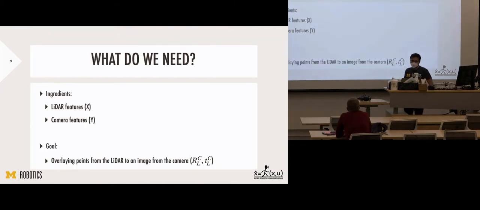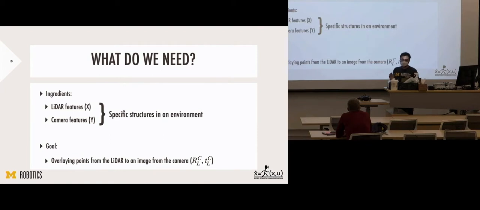And what do we need? We need different features from different sensors. For LiDAR, we need LiDAR features, treated as X. We need camera features, Y. And what exactly are the features? There are just different specific structures in your environment.